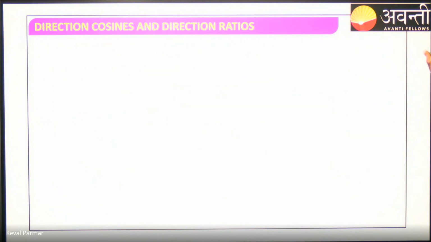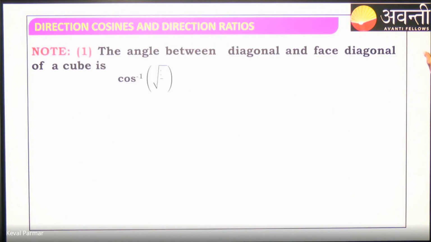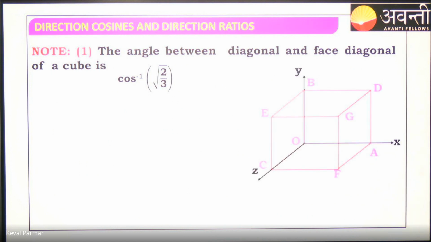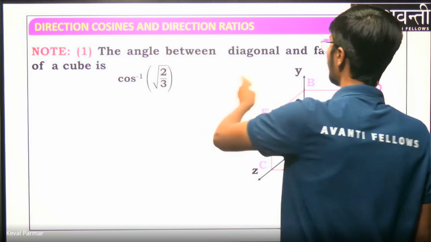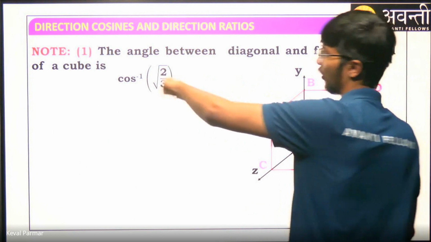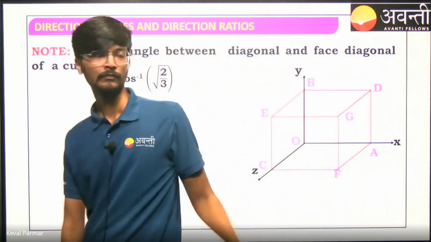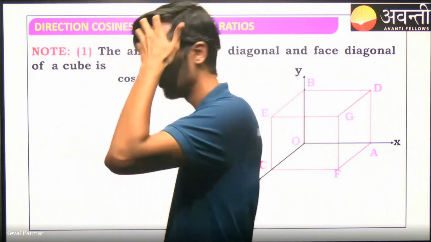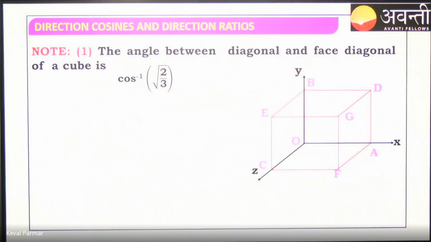Let's see the next question. Let's prove this. The question says the angle between the diagonal and face diagonal of a cube. So here is a cube. I hope you know what is a diagonal and a face diagonal.